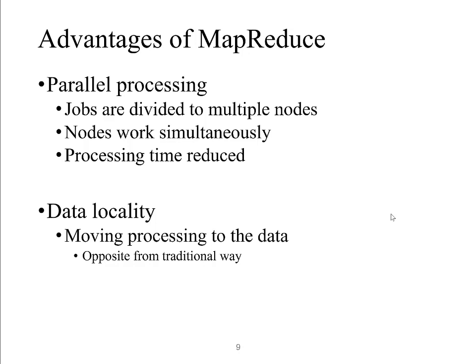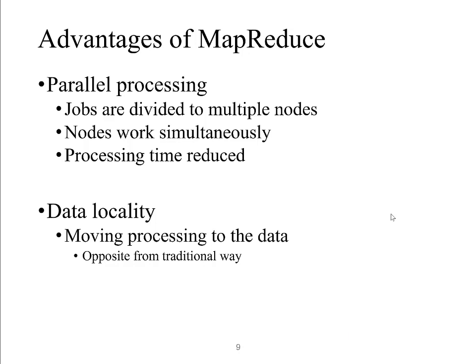MapReduce is based on this divide and conquer paradigm, which allows us to process the data using different machines or different nodes. As a result, since the data is processed by multiple machines instead of a single machine, the time taken to process the data gets reduced.